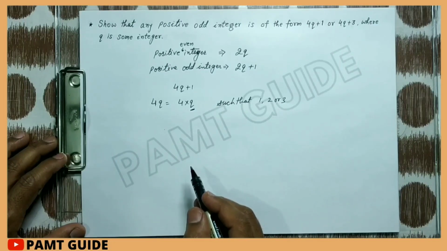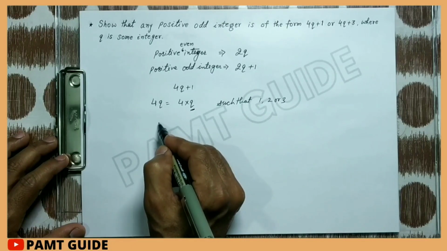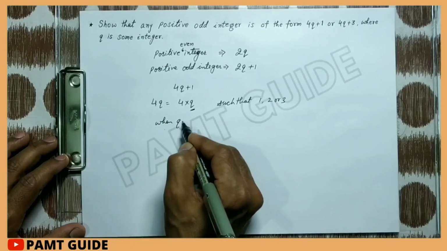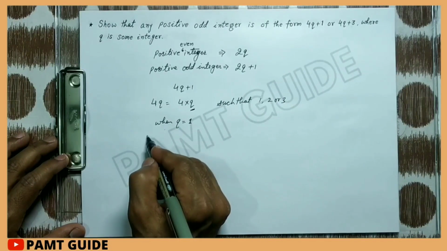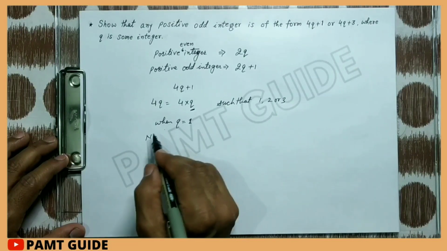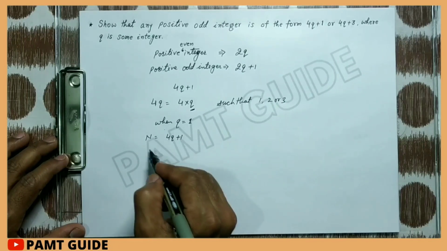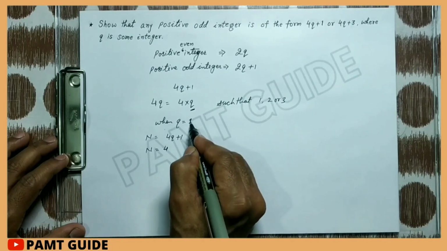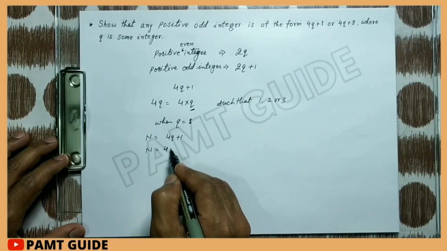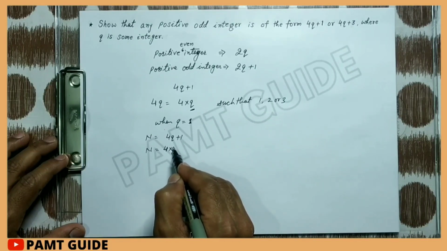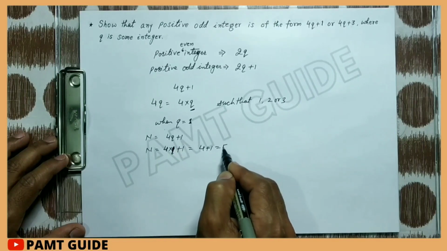So if the value of q is 1, if we take the value of q 1 and q equal to 1, then the number will be, when we put the value of q 1 in the equation, 4 into 1 plus 1, it will be 4 plus 1, 5.